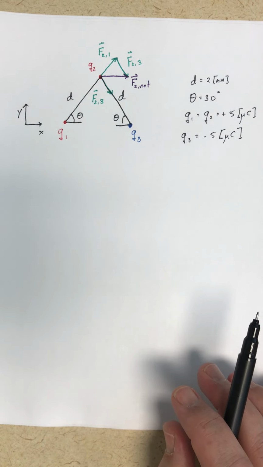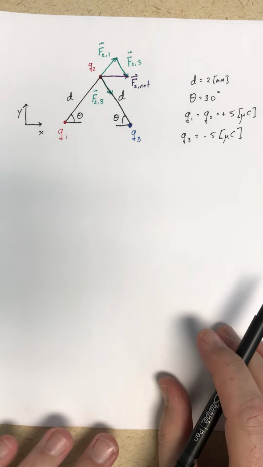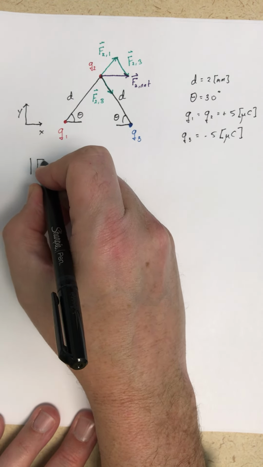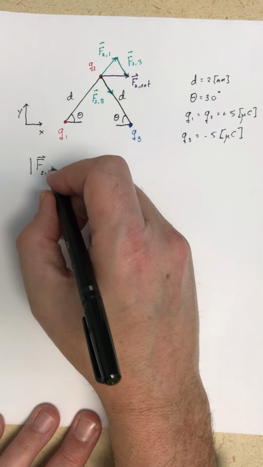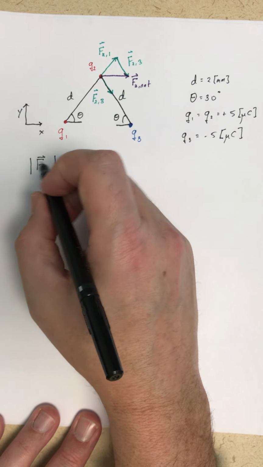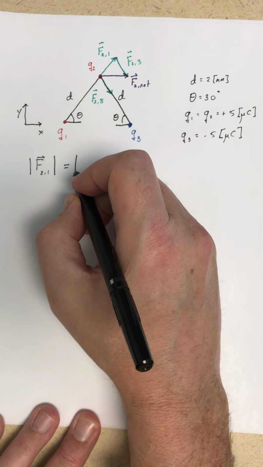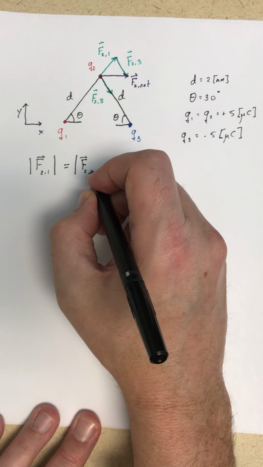All right. So let's actually use Coulomb's expression for the magnitude of the force. Just to remind you of some of the notation, the force on 2 due to 1 in magnitude, so that's what the absolute value sign means, that vector magnitude is just as big as the force on 2 due to 3.